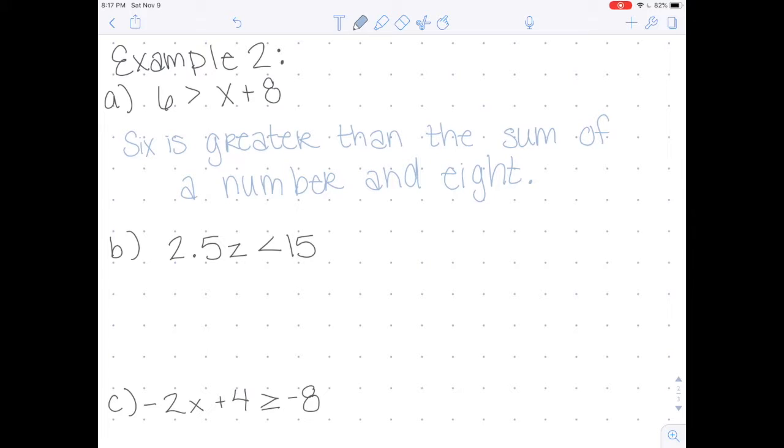Let's look at another one. So here on B, we've got 2.5z, which would be multiplication. So what's a word that means multiplication? Product.